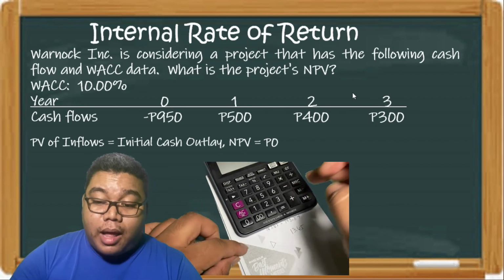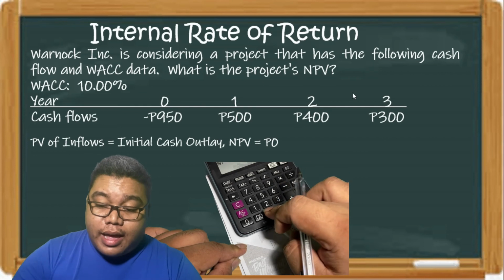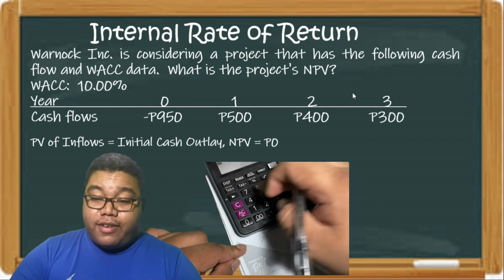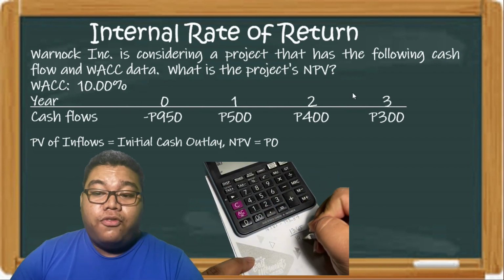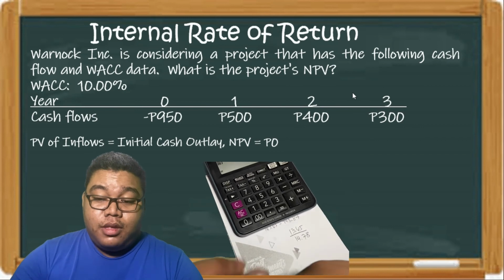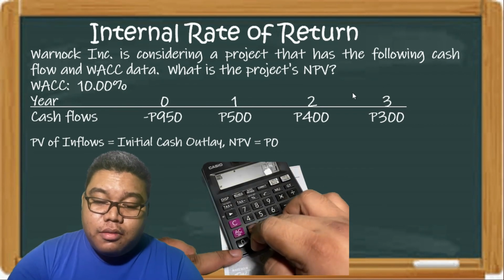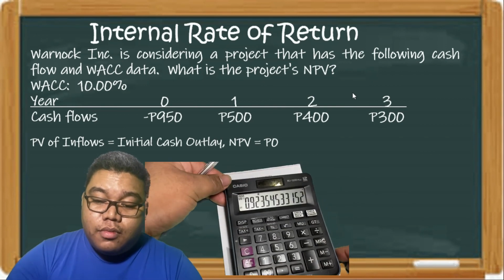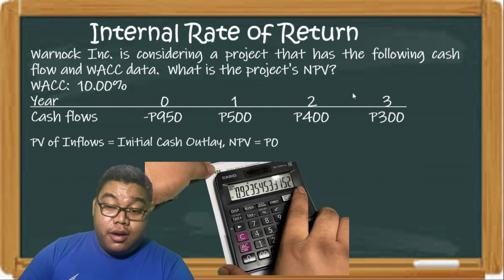So memory plus, then 963.65 minus 948.87, so 14.78. Memory recall divided by 14.78, you will get 0.94.